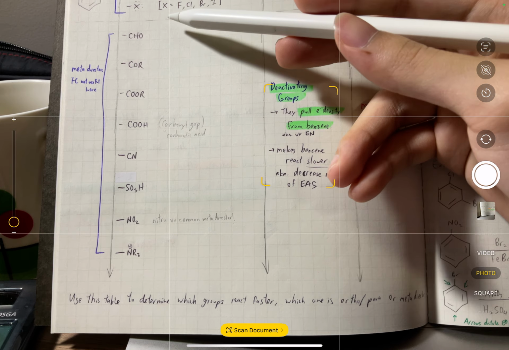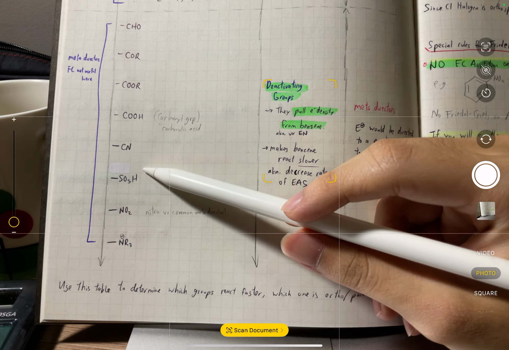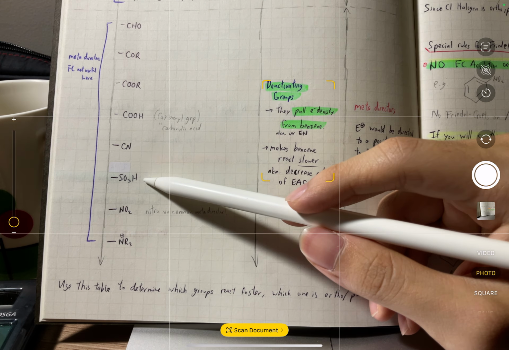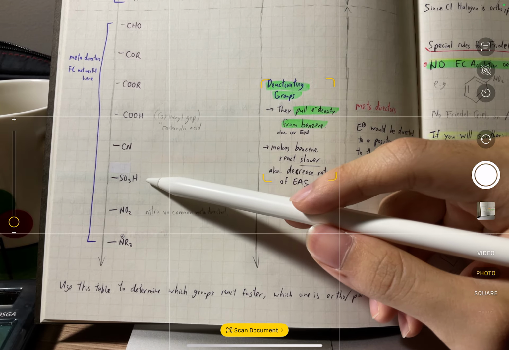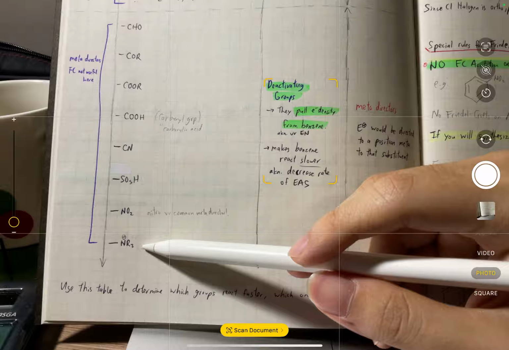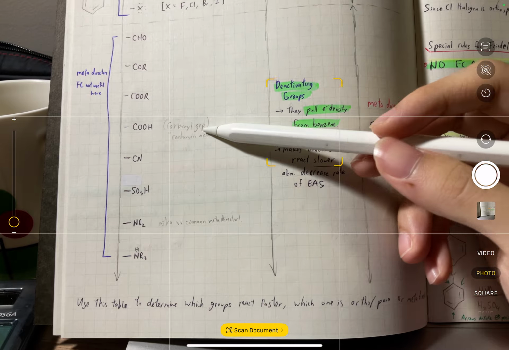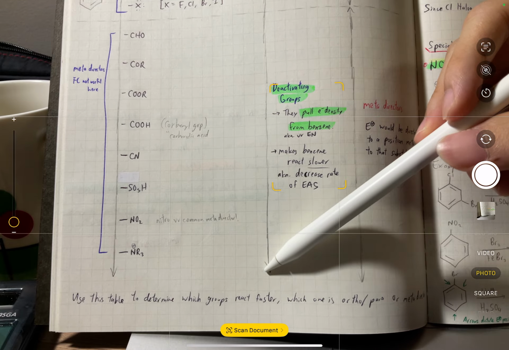I'm not sure. CHO. NO2, the nitro group is here, as well as the SO3H. This is the substituent attached to the product of sulfonation. NR3. Okay. So you use this table to determine which groups react faster.